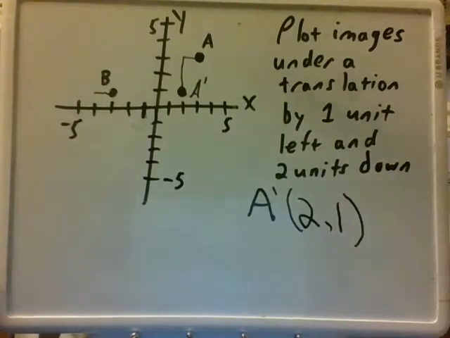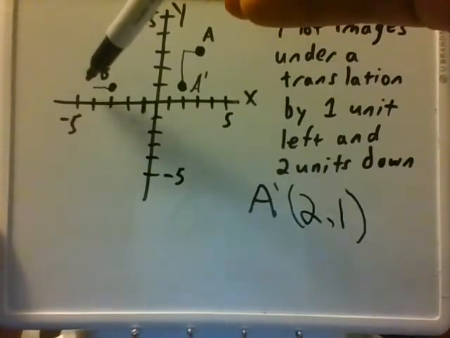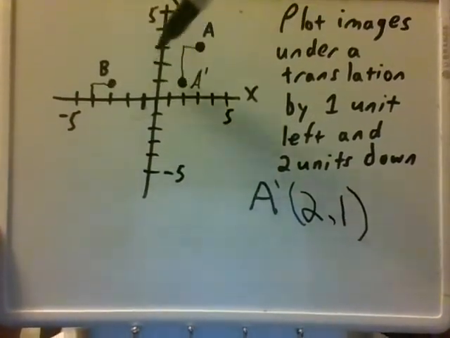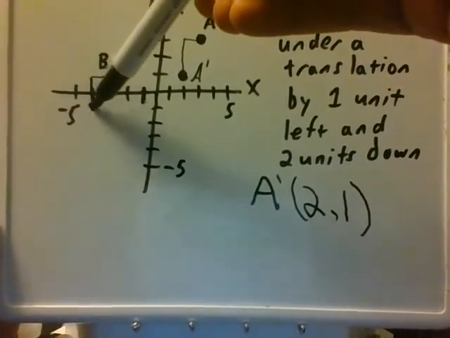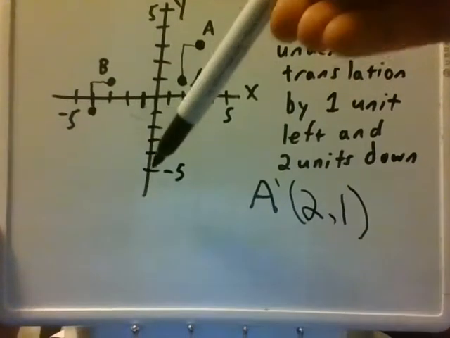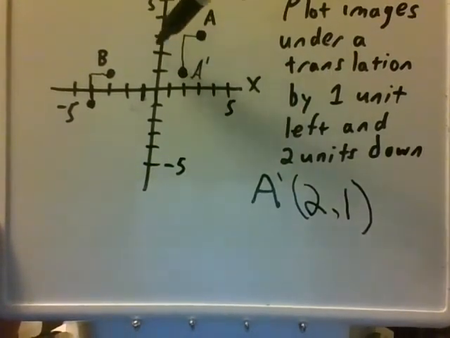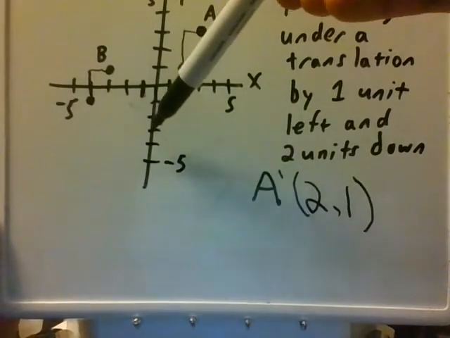Now, back to B here. We already moved B 1 unit left. Now we're going to move it 2 down. Well, obviously, this is 0. So if you're on this line or this line, it means 0. And down 1 more is there. Now, obviously, if this is -5, and this is 5, 5, 4, 3, 2, 1, 0, then you got to go -1, -2, -3, -4, -5.